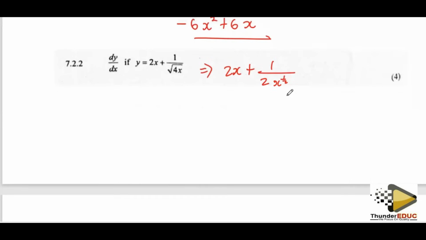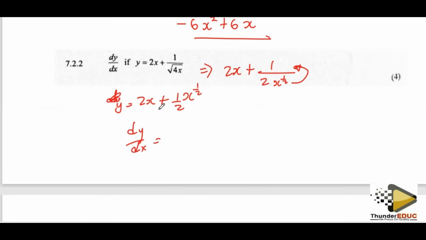It would be the same as 1 over 2 root x. Then I can move this to the top, which is going to be 2x plus 1 over 2x to the exponent of a half. And then I need to find my derivative from this.